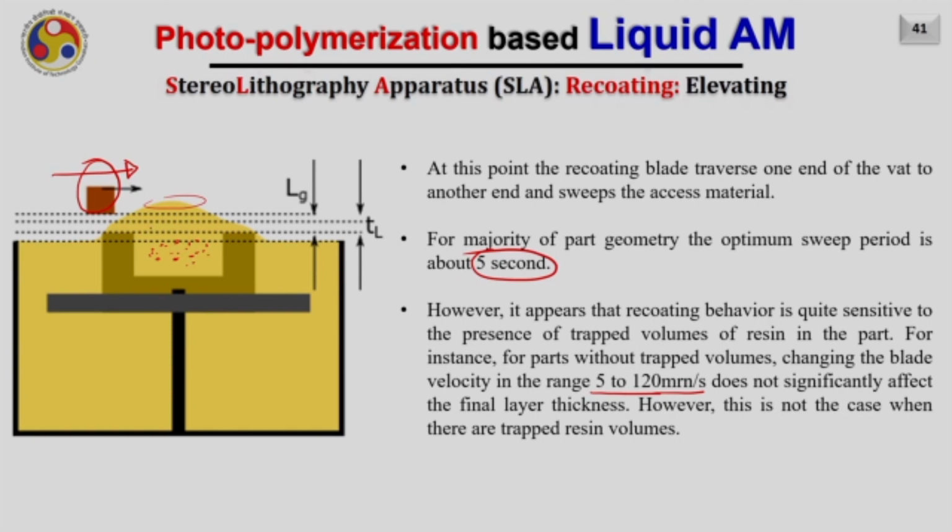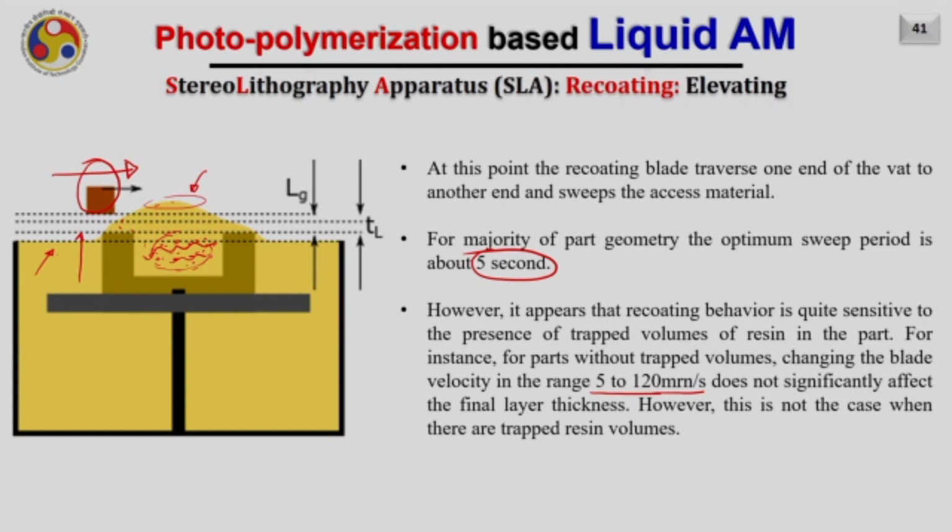In that case, you have to be very careful and go slow so that you do not disturb this particular trapped volume. We elevated this part because we want to exclude this material from the region already having material here. But this trapped volume cannot be excluded from here, and hence if the doctor blade goes with a very high speed, there will be waviness here, and that will cause problems later on. Therefore, if trapped volumes are there, you have to go slow.